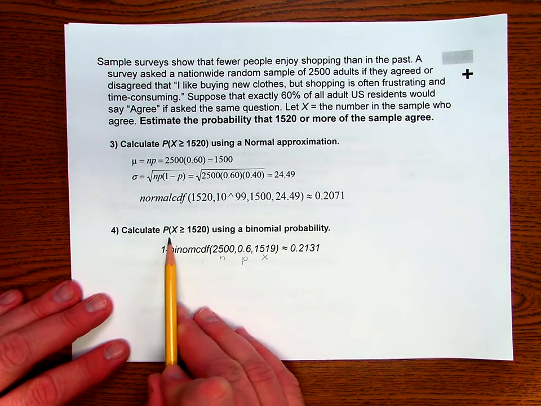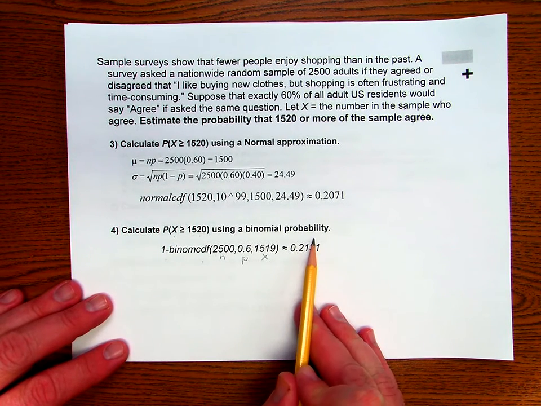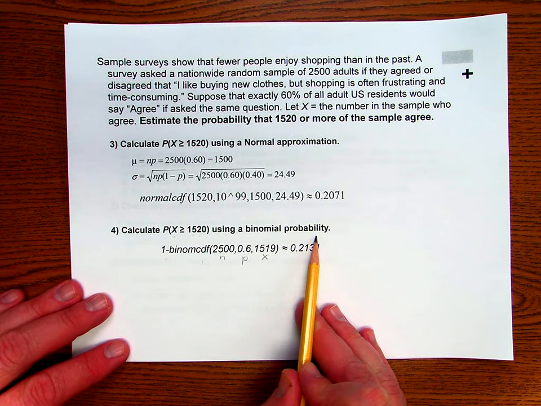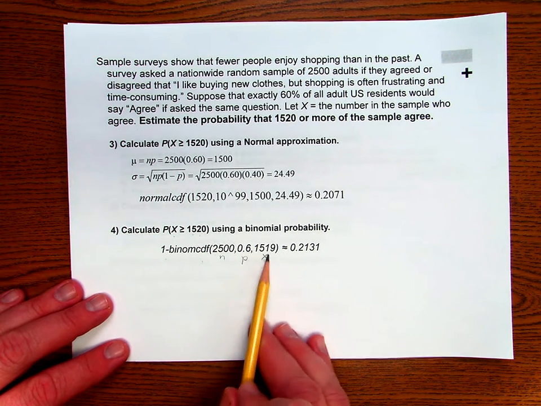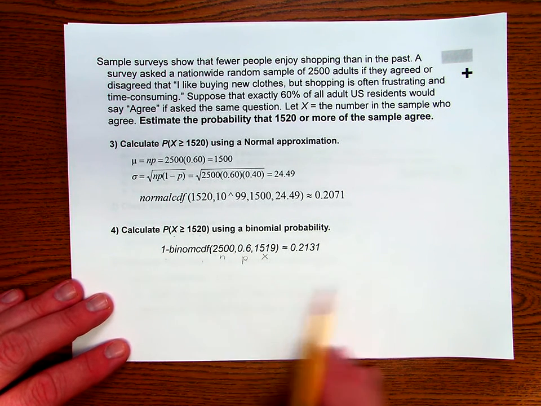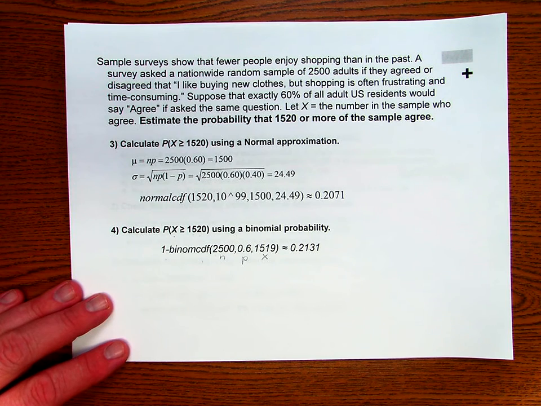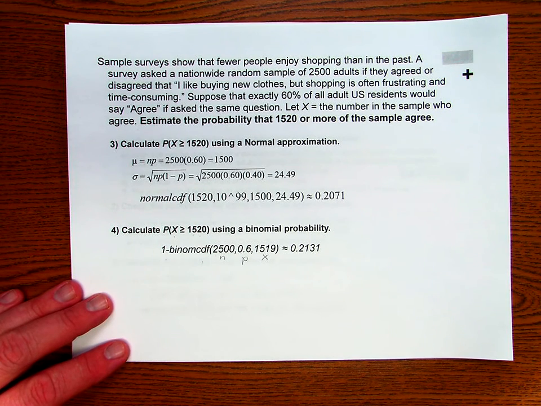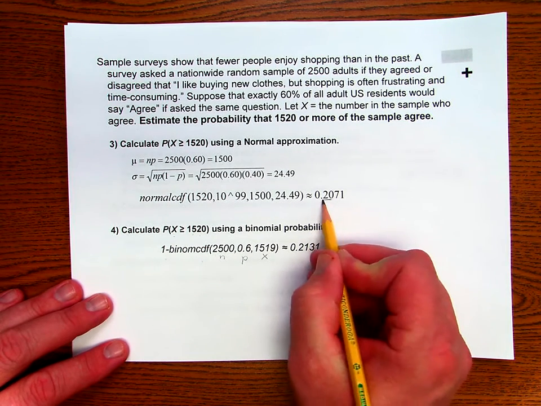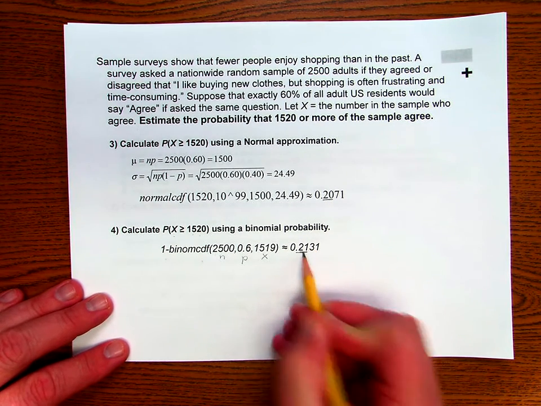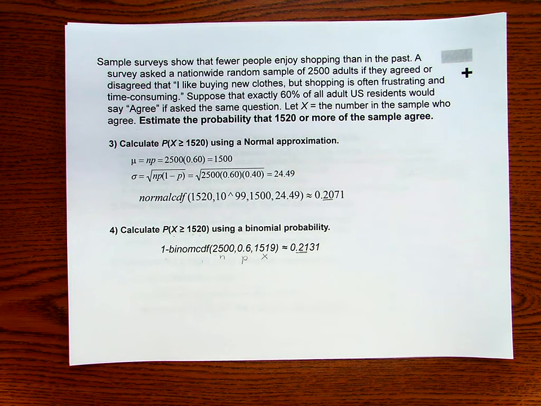Now, if we're going to do this as a binomial probability, we're treating it as a discrete probability distribution, which means endpoints matter, which means we have to pay attention to what that x value is, depending on where it falls into the formula. So as a comparison, you can see the 2 decimal places of the nearest percent. It's the same approximation. It's about 21% as our final answer.